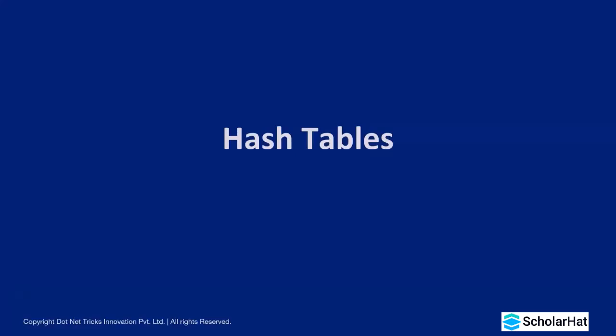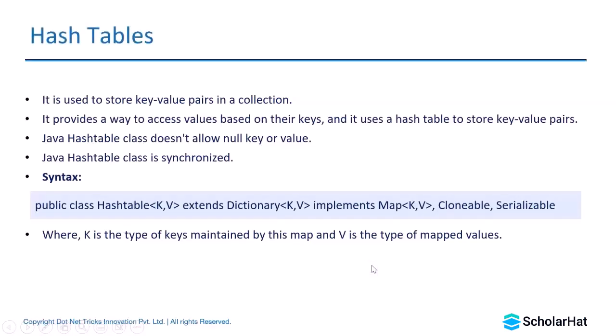Hash table is a kind of an array of lists where the data is stored in buckets in the form of key and value pairs, just like a dictionary. So why are we talking about hash table here? Because the next iteration is the map interface. Hash table stores the key value pair in a collection, and to implement it we use the map interface.